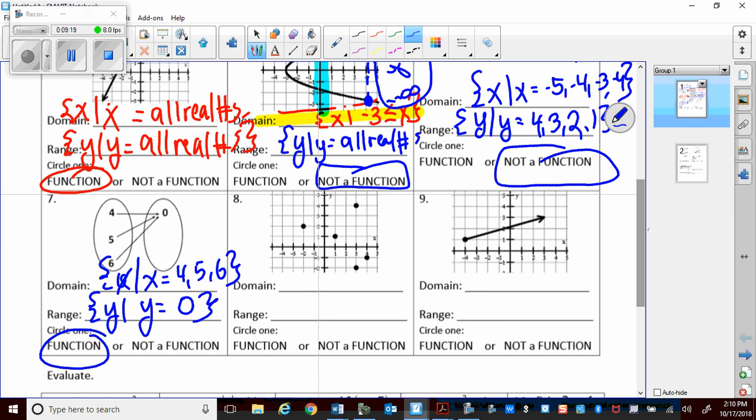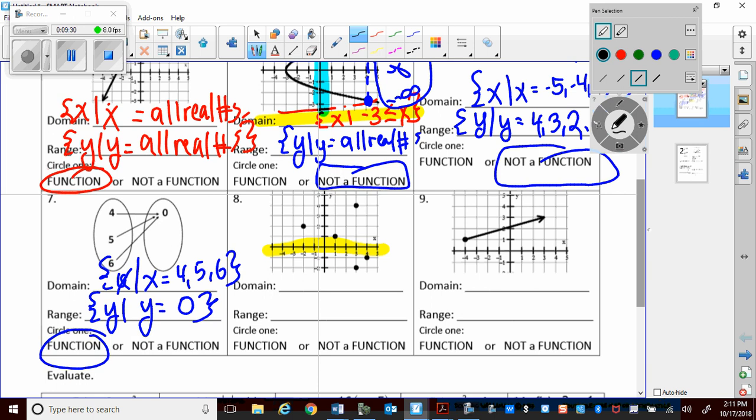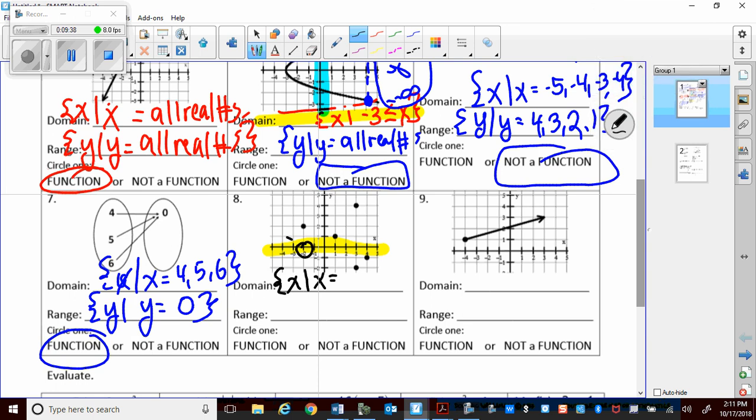Now, highlight your x-axis, please. Now we're going to get all of our x values. We're going to circle each one, starting from the left. What do we have here? -2.